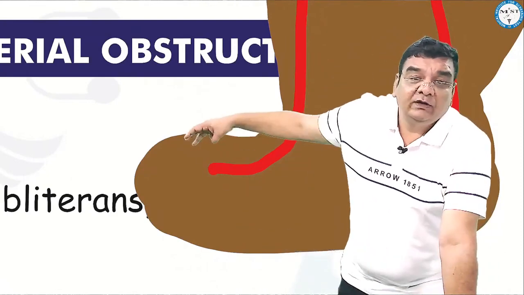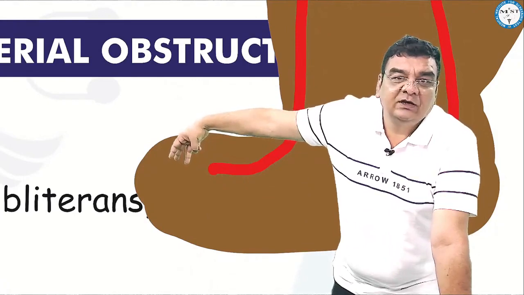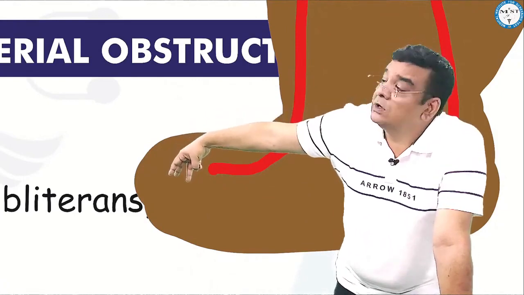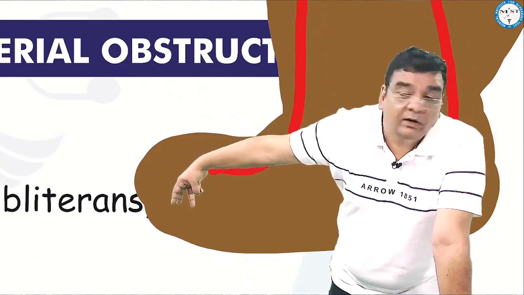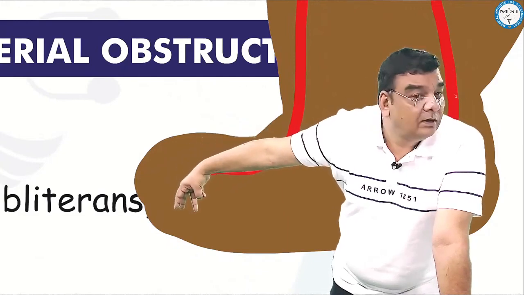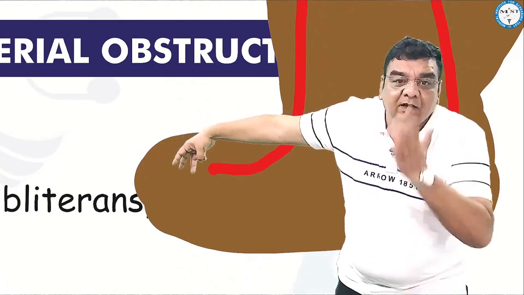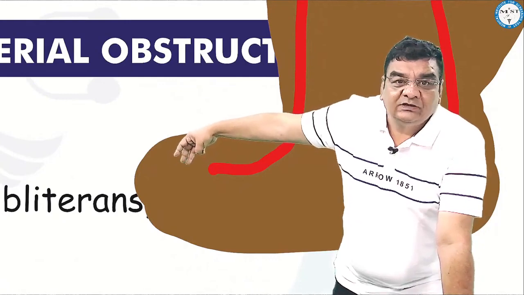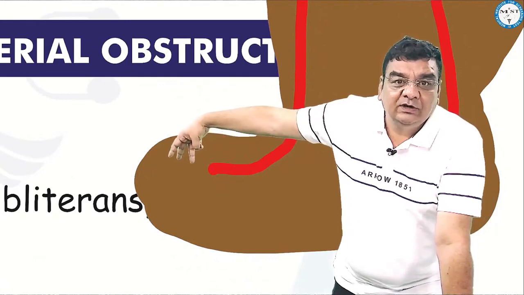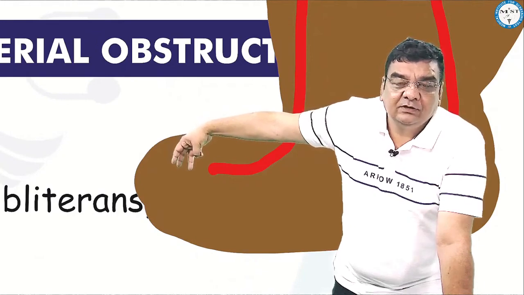If you don't know where the dorsalis pedis is, and you are keeping your three fingers in the wrong area, the examiner is looking at you, you look at the examiner. Now there is an anxiety, right? And you start feeling your own pulsations. And then you say to the examiner, sir, I think dorsalis pedis is normal in this patient.